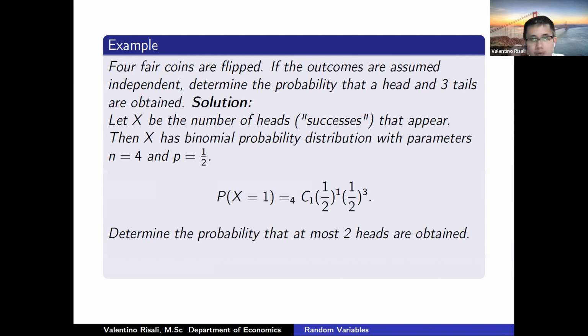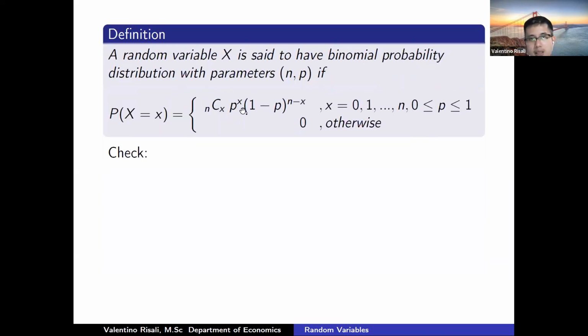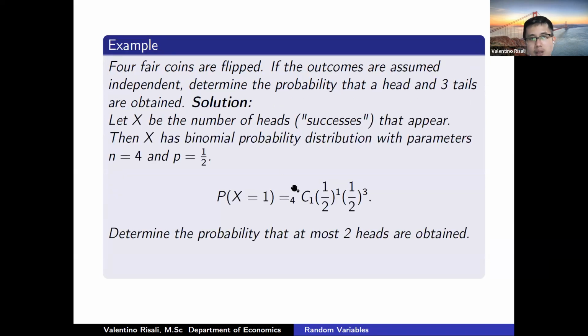So if the question is the probability that one head appears, it is equal to the probability of X equal to 1, and from the previous definition, it is equal to the combination 4 choose 1 times a half to the power of 1 times a half to the power of 3. This is the probability that one head appears.